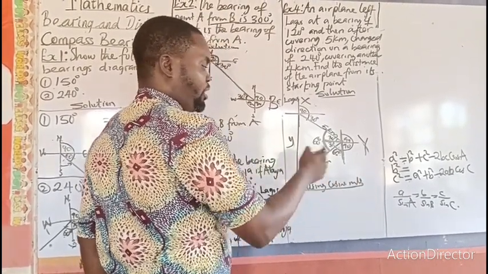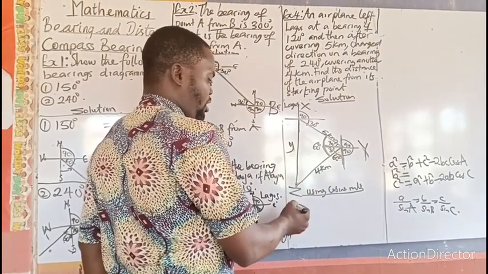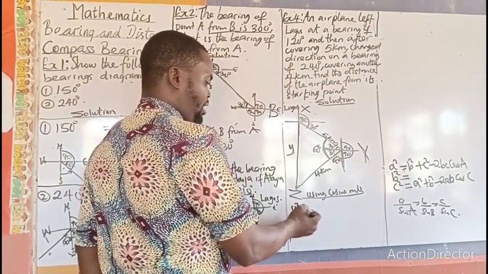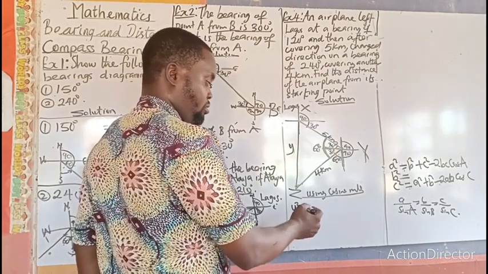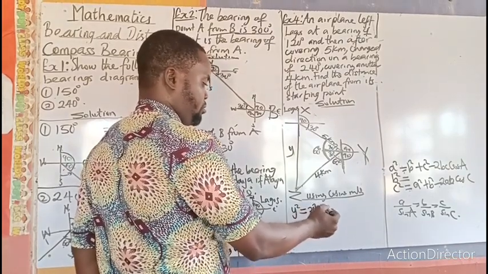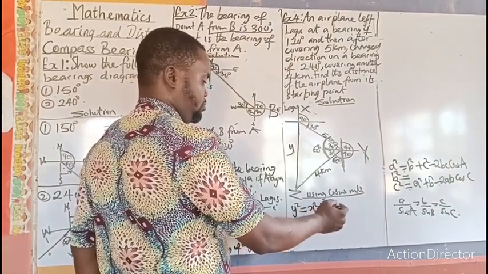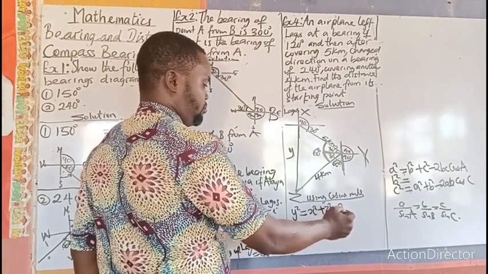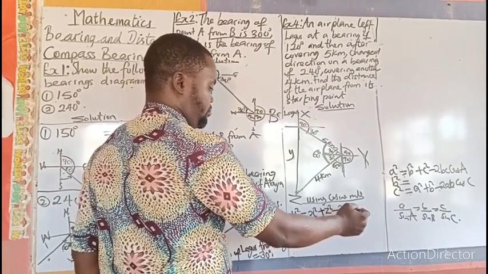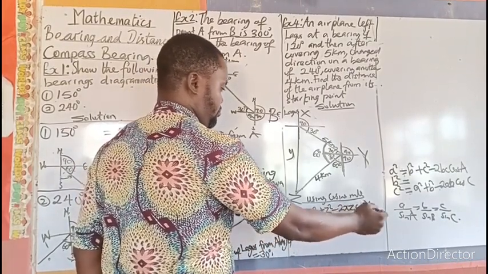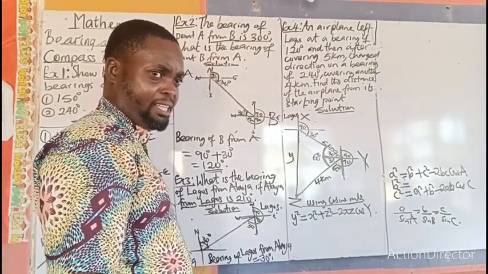What will be the formula? What are we looking for here? Y. So I will say Y squared equals X squared plus Z squared minus 2XZ cos Y. Do you understand how the formula is now?